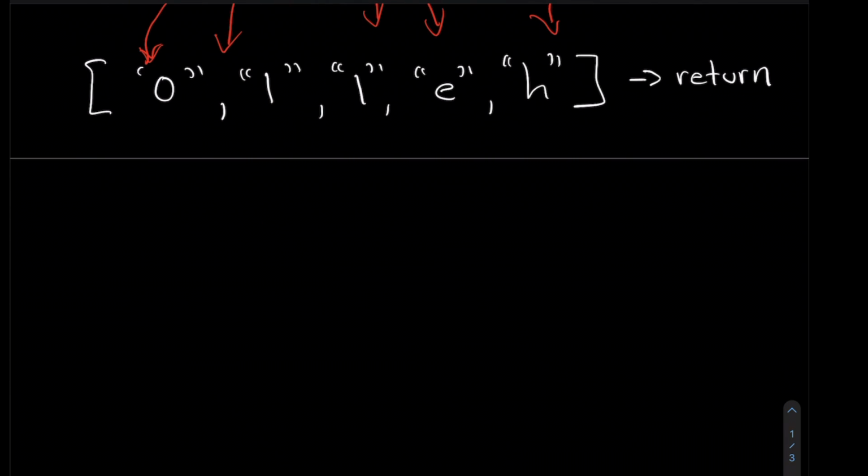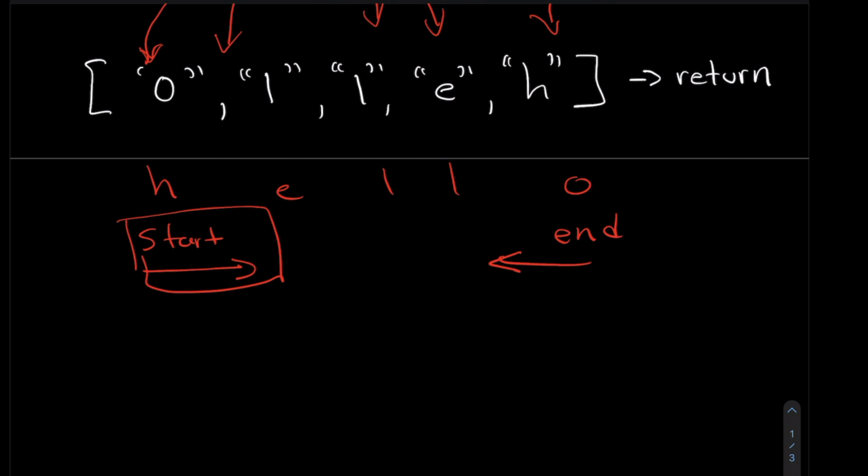So now, if we have, say, a start pointer and an end pointer, we write down the word hello, and we move the start pointer to the right, and we move the end pointer to the left, and then we swap as they go along. So whatever value this is at a particular time, whatever value this is, we're just going to swap them.